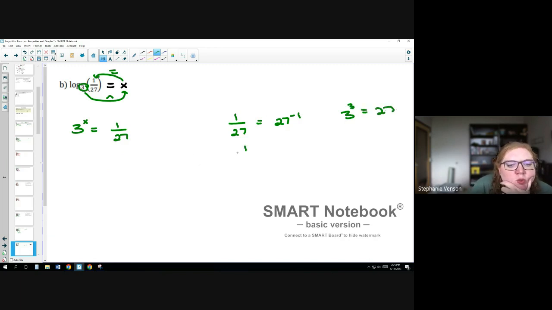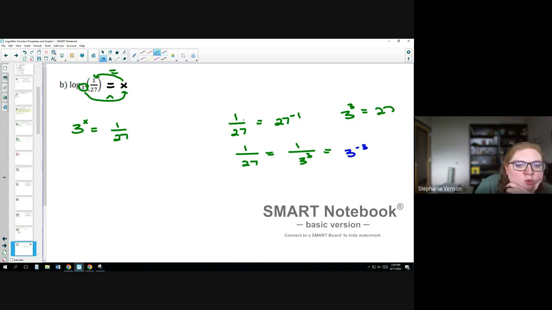So I know that 1 over 27 is the same thing as 1 over 3 to the third power. Okay, and so using my rules of exponents, I can rewrite that as 3 to the negative 3.